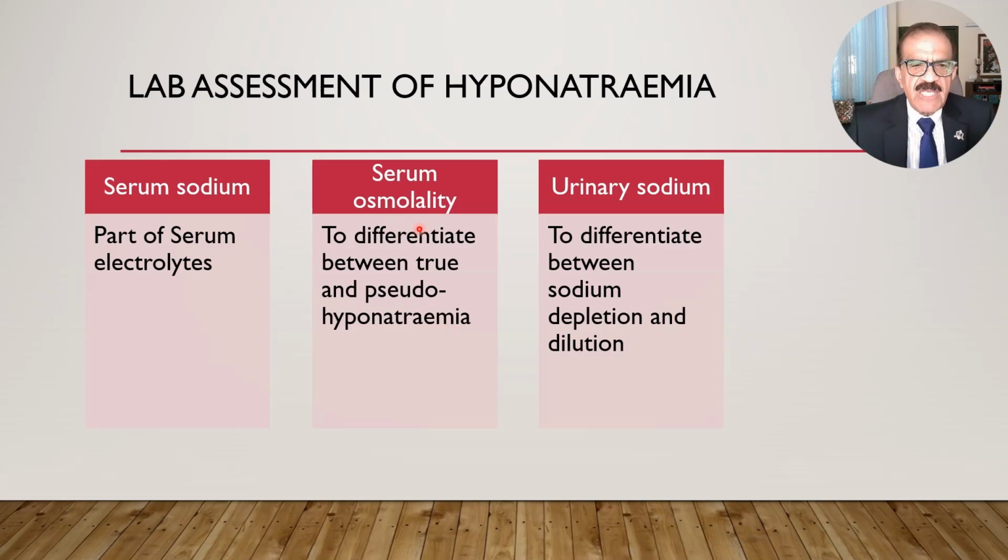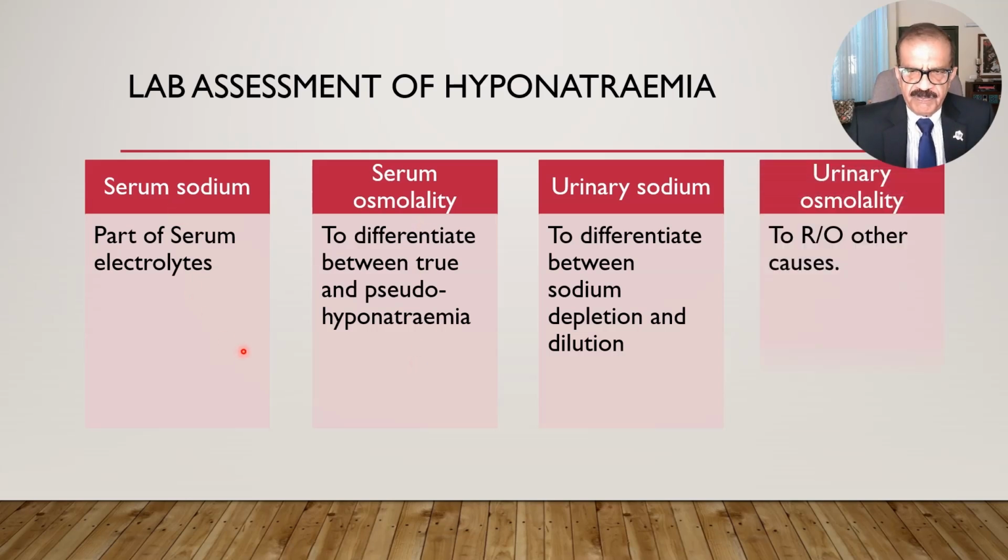So if there is reduction in serum osmolality, that would indicate that the hyponatremia is real. Then urinary osmolality would actually confirm the value of urinary sodium. You would draw the same inference as you would draw from the urinary sodium. So these are the 4 laboratory tests which may be required to go into the details of hyponatremia.